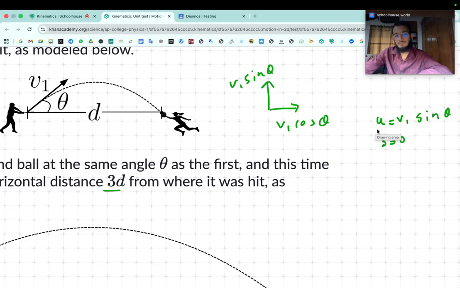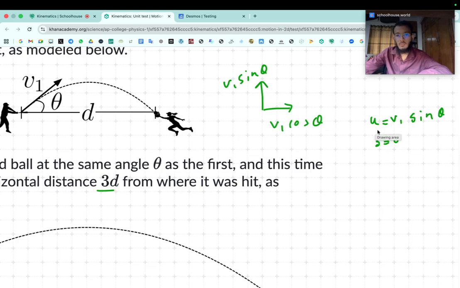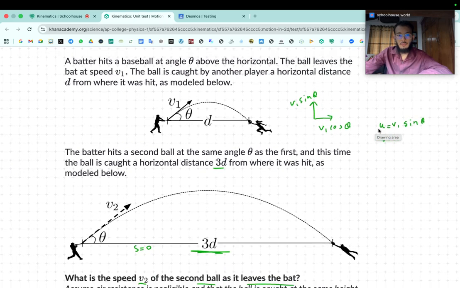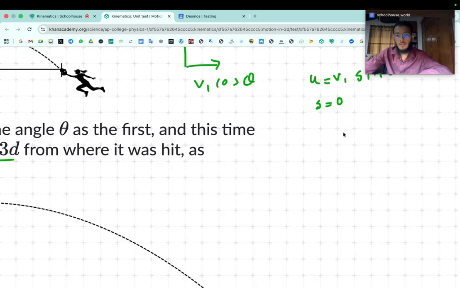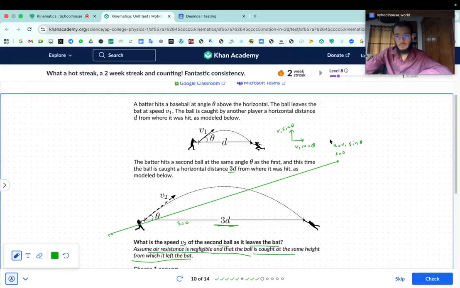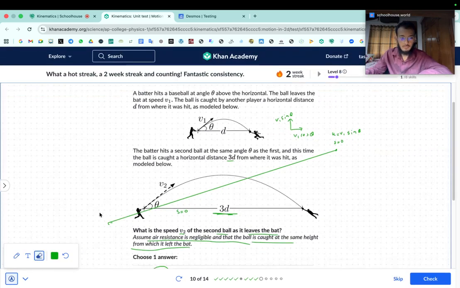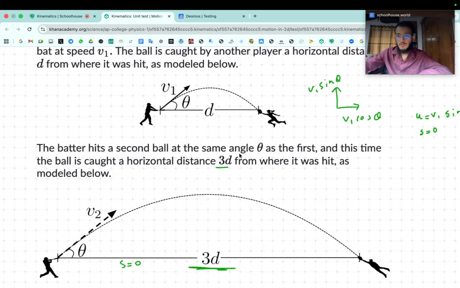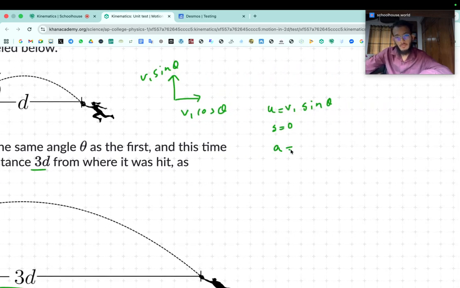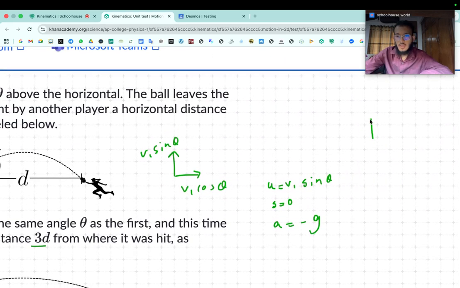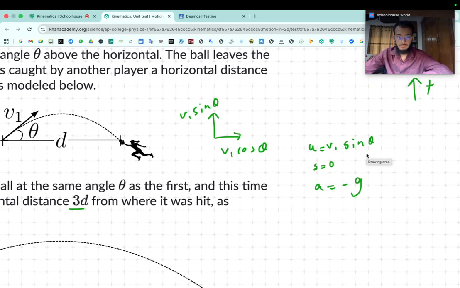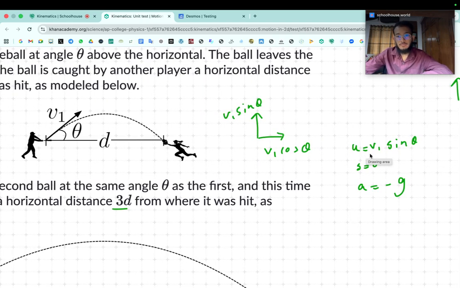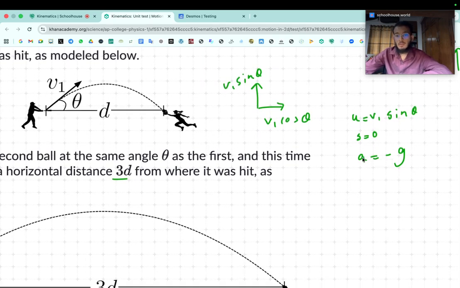and because air resistance is negligible, a equals negative g, taking upward direction to be positive. Okay. What else do we know? Do we know time?